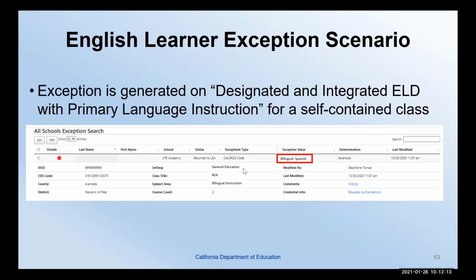Okay, so let's look at our scenario. In this case, we've got an exception that generated on designated and integrated ELD with primary language instruction for a self-contained class. So in this case, the LEA reported designated and integrated ELD with primary language instruction on this particular class, and it generated an exception.